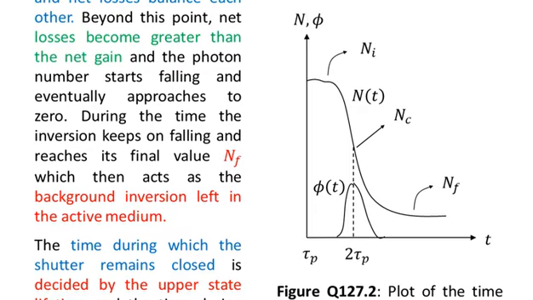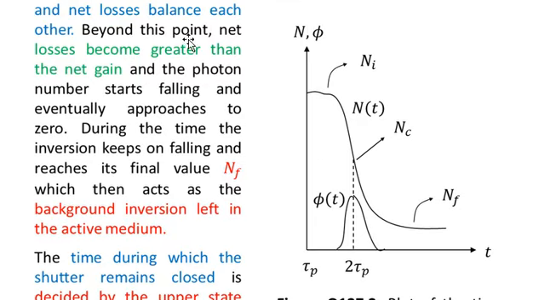During this time, the inversion keeps on falling and reaches its final value NF, which then acts as the background inversion left in the active medium. So NF is the background value left in the active medium.